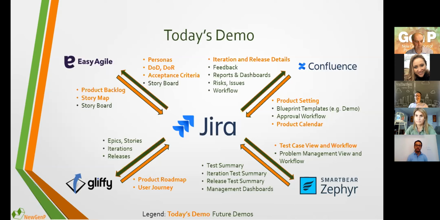In Gliffy, we have created a product roadmap and a user journey to demonstrate how powerful this plugin is and how to use it. Joanna will now present the idea about how this demo was generated, and we will start immediately.